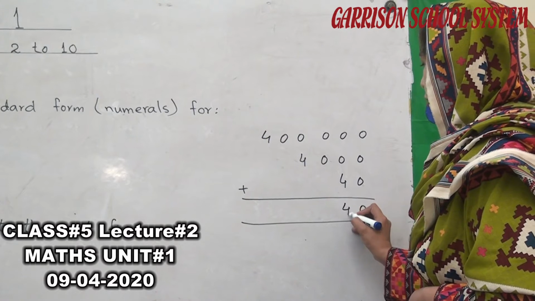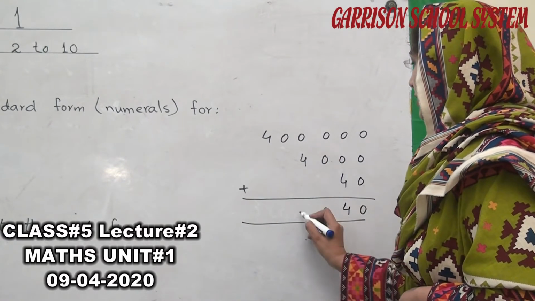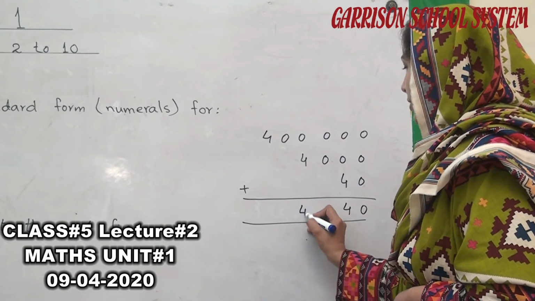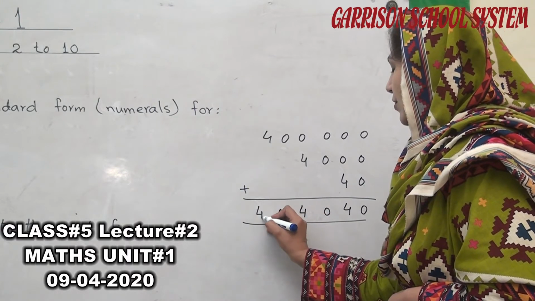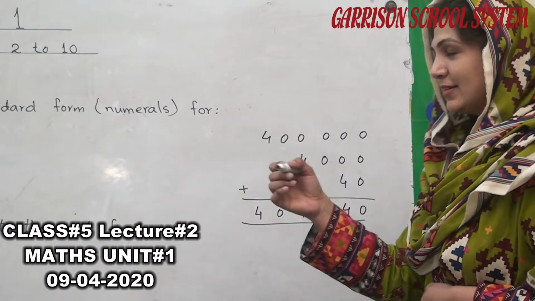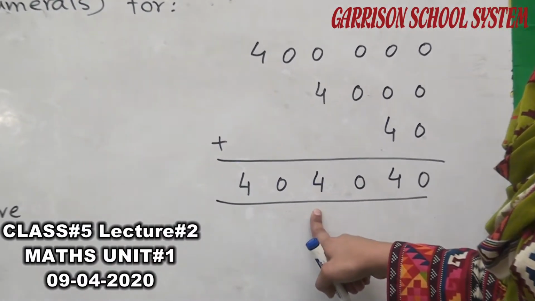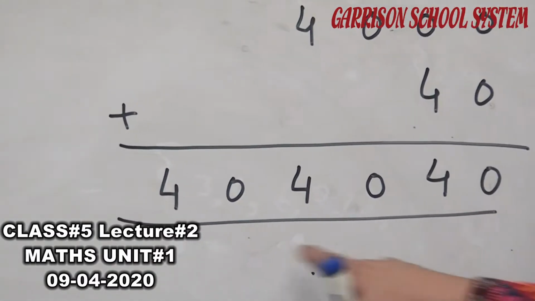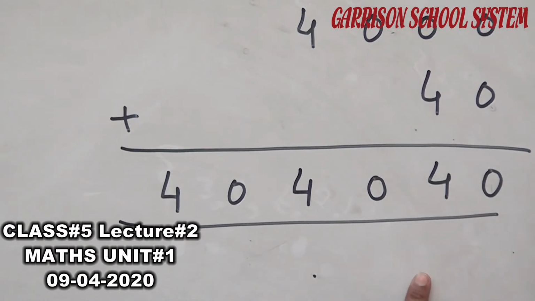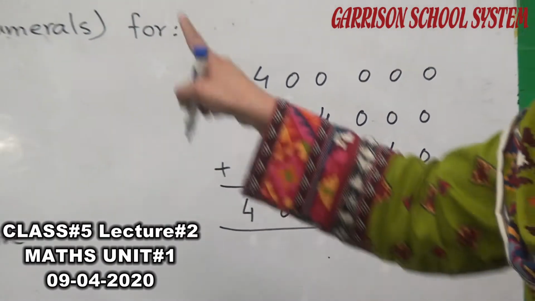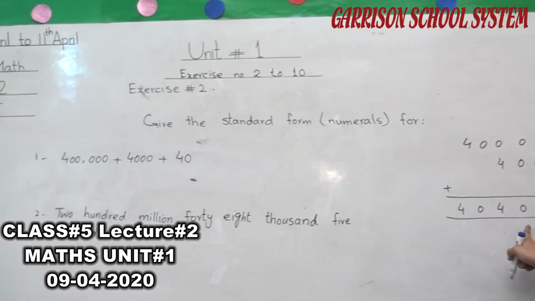So let's see, students: 4,004,040. This is the number and this is the standard form. We have converted this expanded form into standard form.